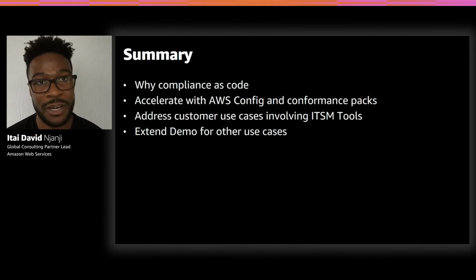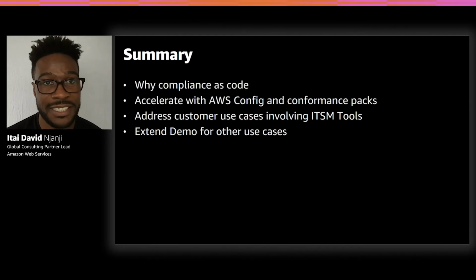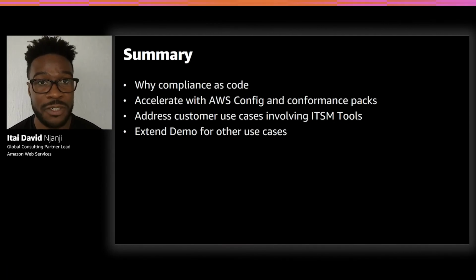We then talked about how we can accelerate that process using AWS Config, in particular config rules and conformance packs. We explored how our customers use ITSM tools, IT service management orchestration tools, to orchestrate remediation and operational capabilities. We brought all these things together in a demo that we have titled Art of Possible.